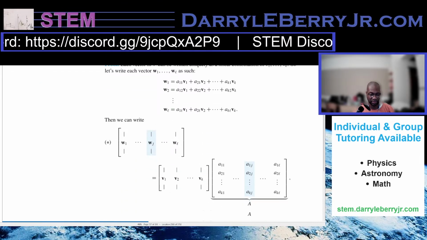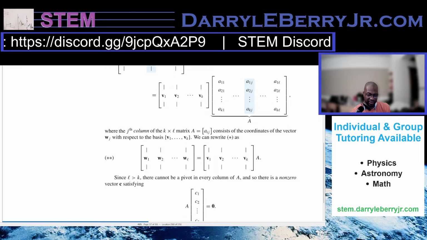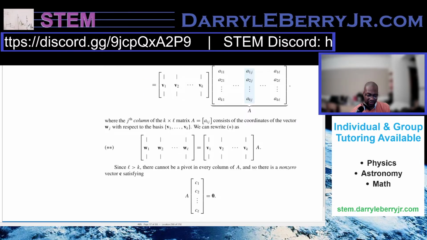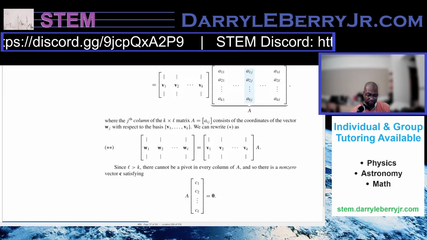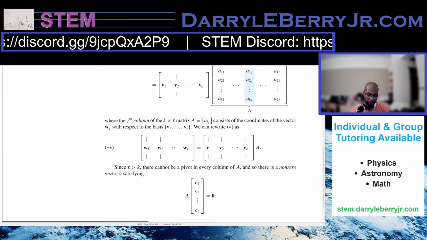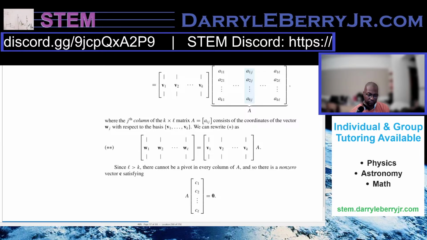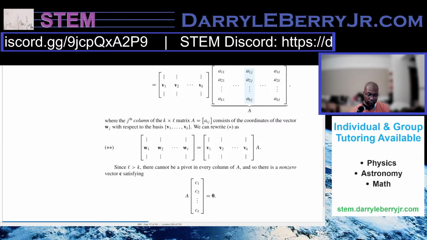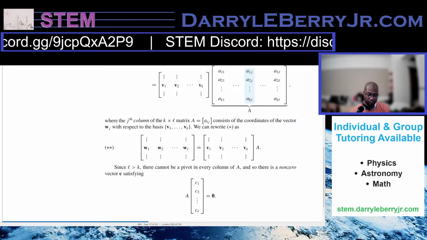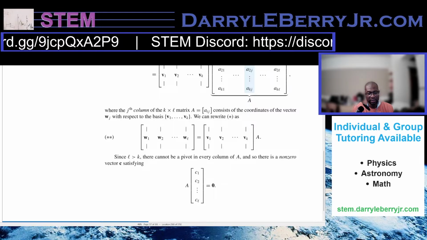So let's see what they're saying here. Since L is greater than K, it cannot be a pivot in every column, like we were just saying. So this is a non-zero vector C satisfying that row equals zero.